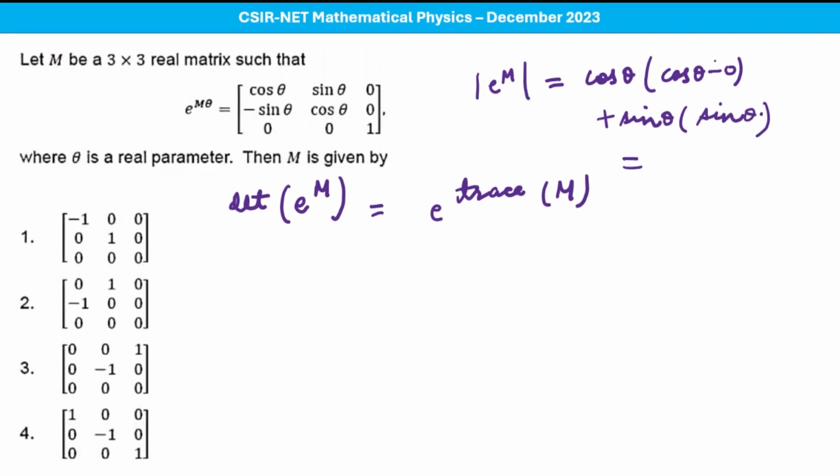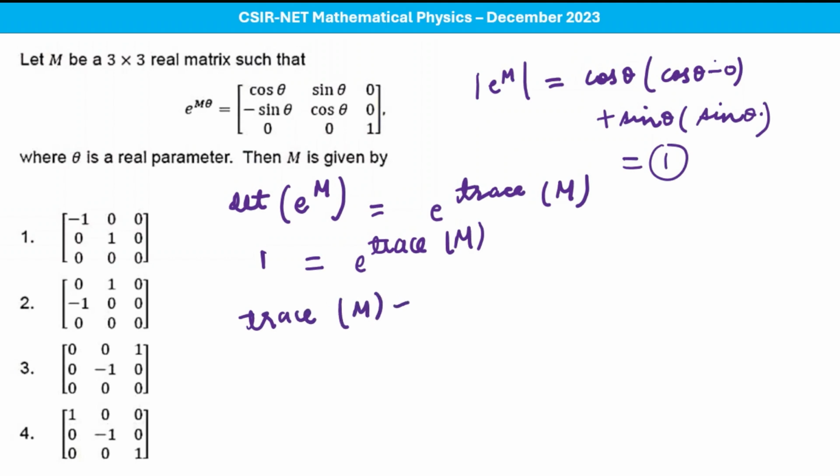So it will be cos square theta plus sin square theta, which is 1. So determinant of e raised to power M is 1. 1 is equal to e raised to power trace of M. So trace of matrix M will be 0 because e raised to power 0 will give you 1, right?